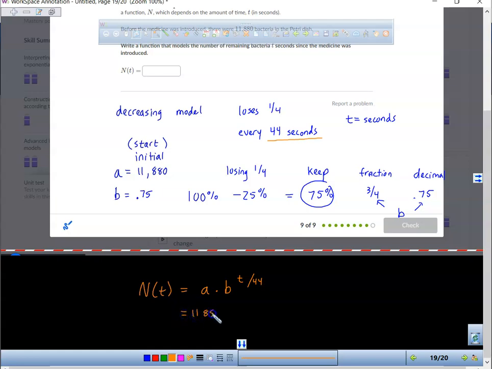Very good. So we write that. In parentheses, what am I going to put as my B value? It's 0.75. And then I'm going to raise that to the power of t, but I have to put divided by 44. This is your answer for this problem.